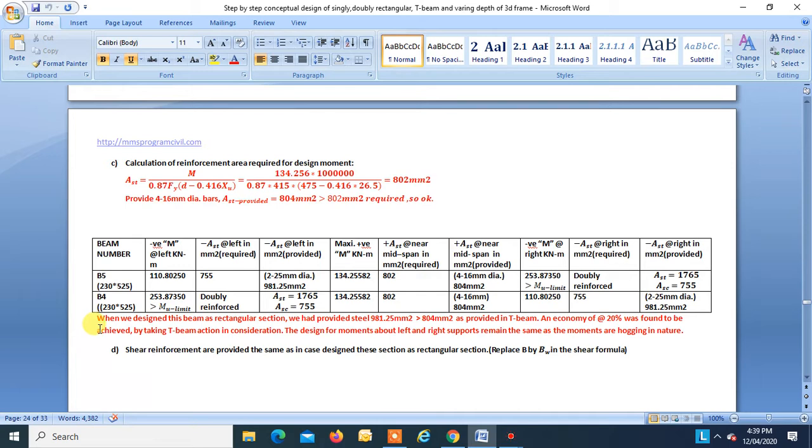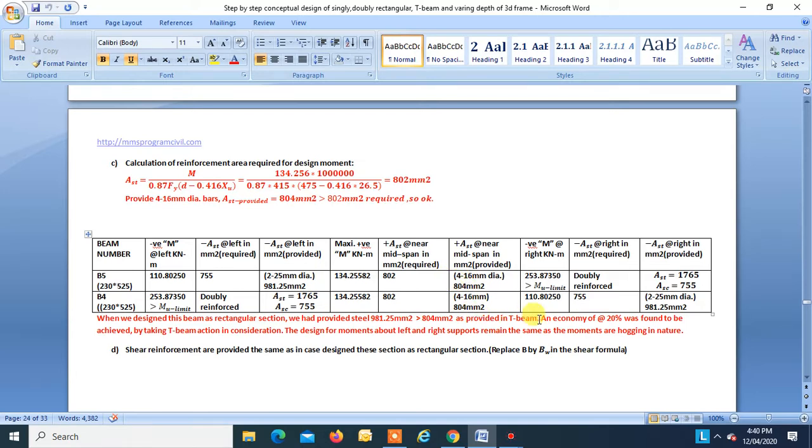When we designed this beam as rectangular section, we had provided steel 981.25. But now we are designing this section as T beam section. So the steel has reduced to 802 and we are providing 804.